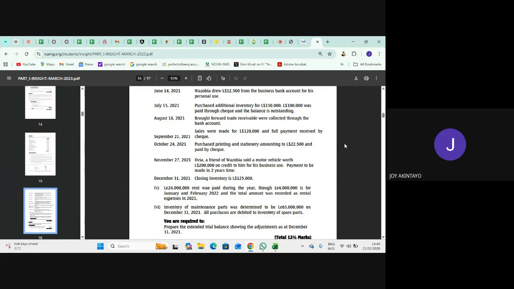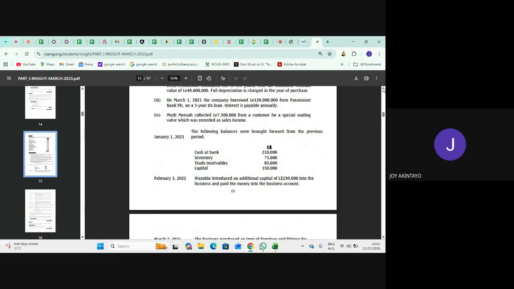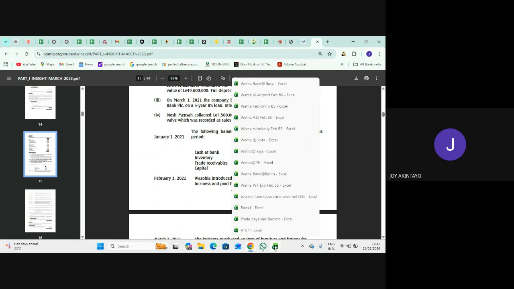Now what we need here is to determine our purchases and the total sales made during the period. So let's quickly prepare our cash account, then all the relevant accounts also.